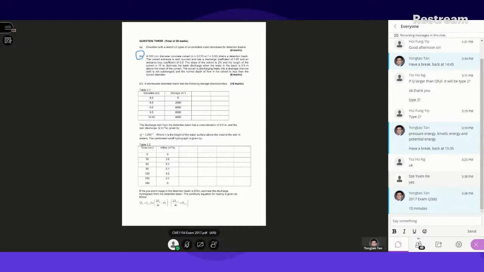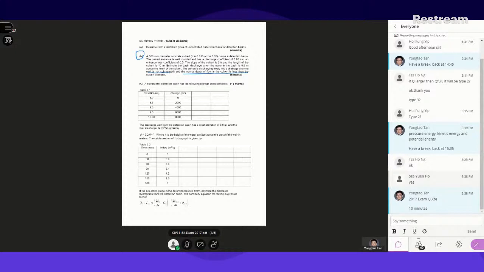Okay, I'm now going to go over the answer. This question is relatively easier because you can easily find out which type it is. Which type? Anyone can tell me? The exit is not submerged, and the normal depth in the culvert is less than the culvert diameter.